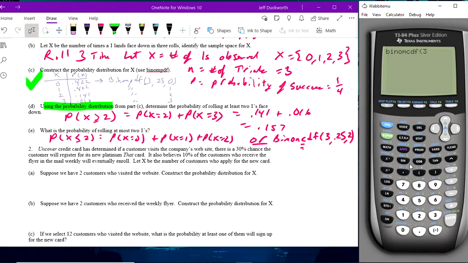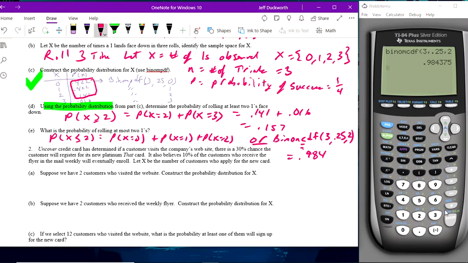So 3, comma, 0.25, and finally 2. So 0.984 is our answer. And again, if you just added these 3 up here that I'm putting the red box around, that should get you there as well.